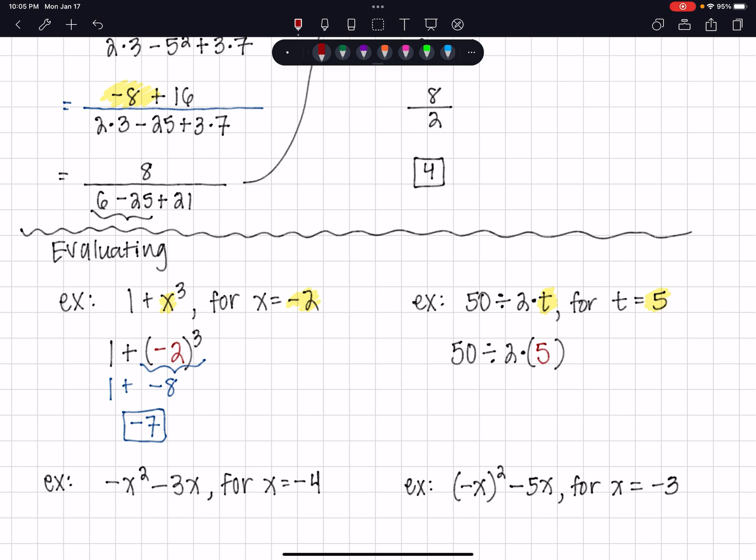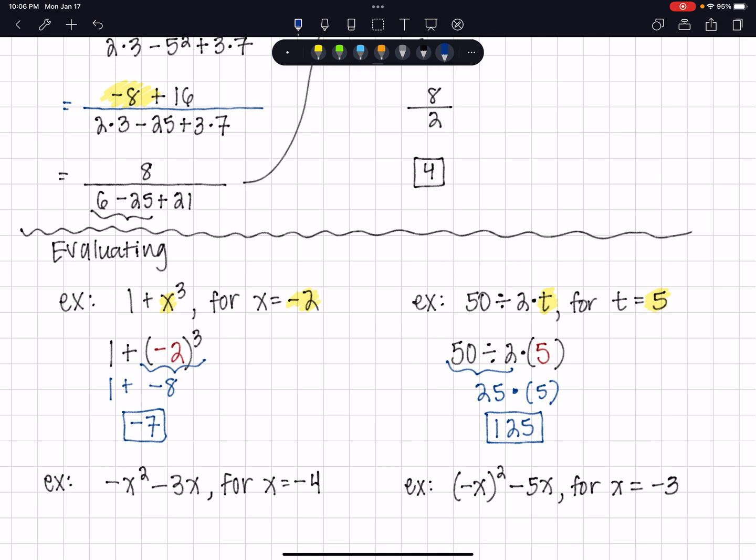Now I'm going to perform my order of operations from left to right. I'm going to look for multiplication and division. 50 divided by 2 is 25, times 5. 25 times 5 is 125.